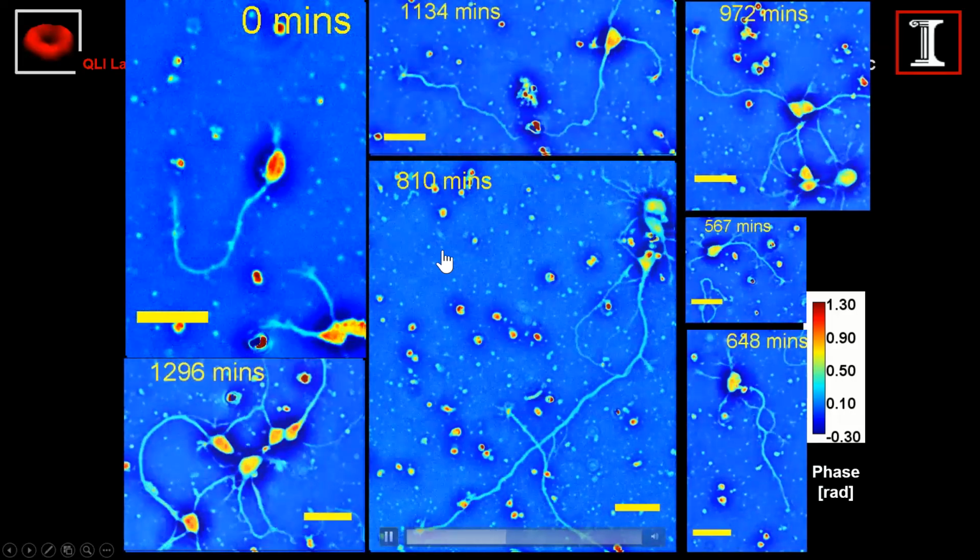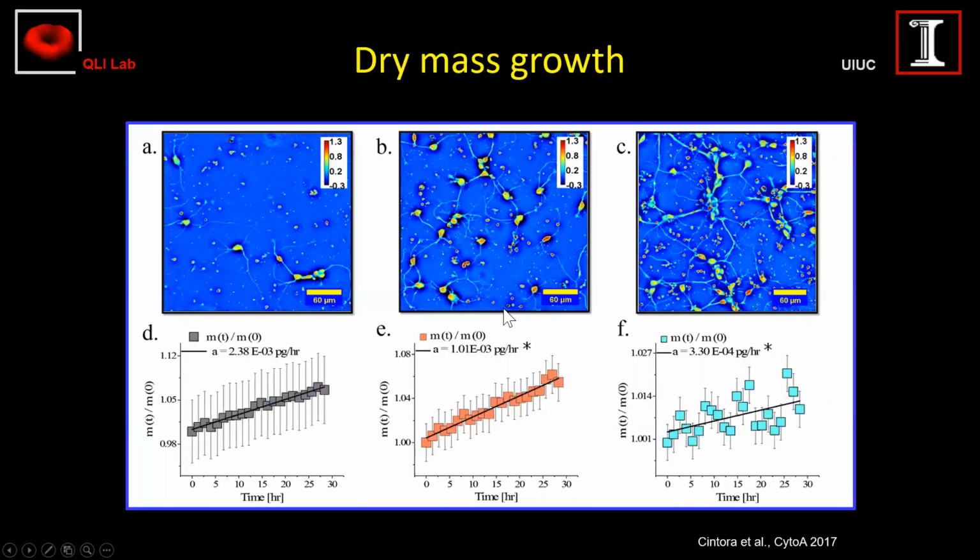Okay. So what we did, we imaged these over long periods of time. Then there was a kind of a painful procedure to track all these neurites, dendrites, and axons, and then convert this phase information into mass information. So long story short, we were able to show that actually this sparse culture grows about 5 to 6 times, maybe 7 times faster than the fully developed network. So again, the network doesn't need to grow anymore.